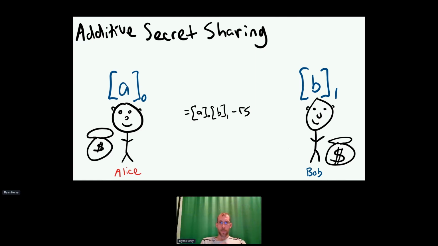So we seem like we're kind of stuck until we take a step back and realize that unlike A0 and B1, which were actually shares of sensitive information, R and S are really just random stuff that we don't really care about. It doesn't really matter who learns them as long as it's not Alice and Bob who learn them.